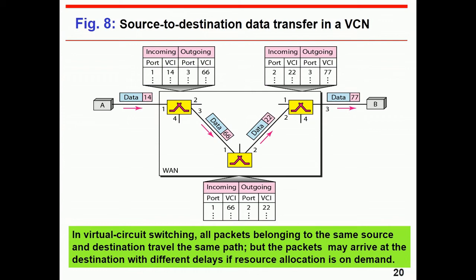Every switch maintains its table in which there are incoming and outgoing fields. For incoming, there is a port and virtual circuit identifier, and for outgoing, there is also a port and virtual circuit identifier. It is shown in the diagram.